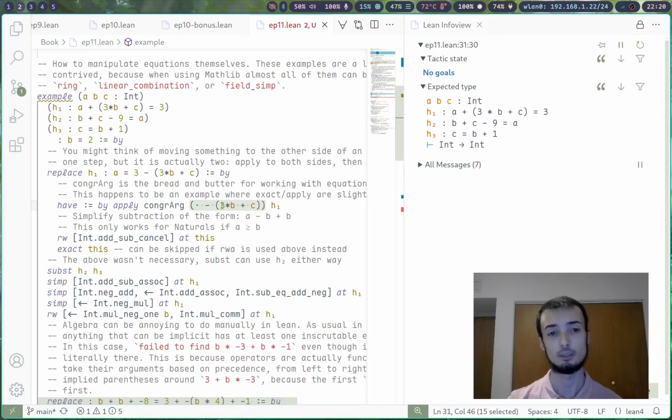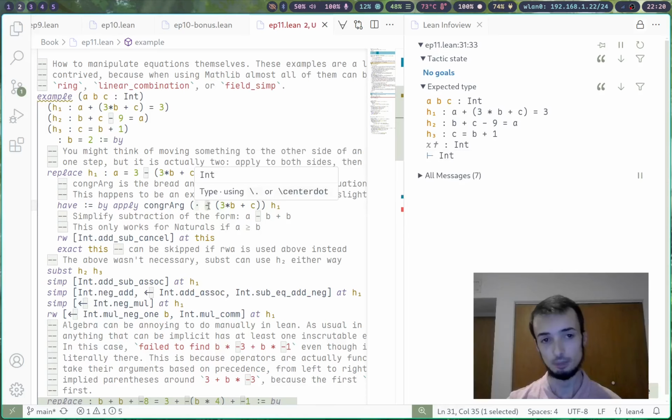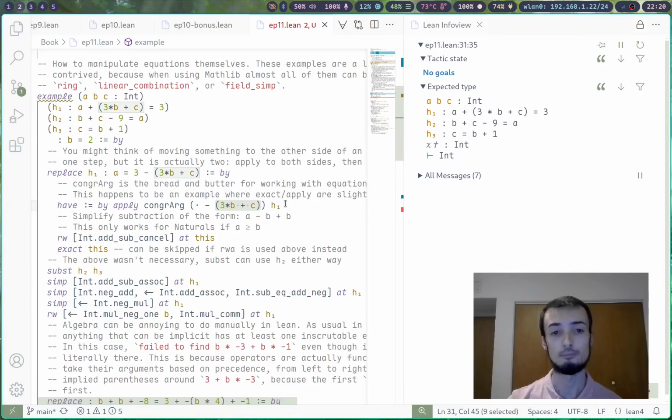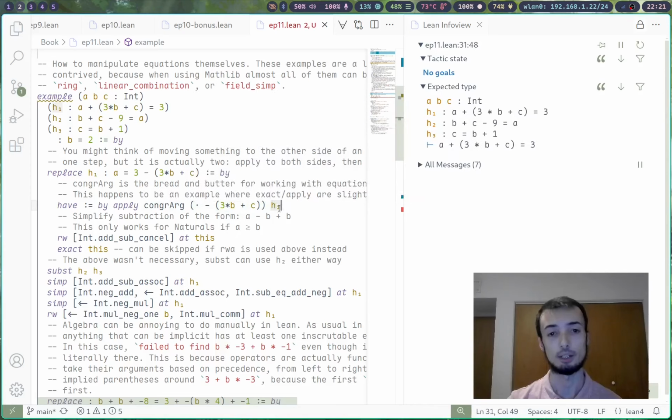This means create a function and put its argument on the left side of the subtraction, which is an operator that takes 2 arguments, but we are making it into a function that takes 1 argument and is specialized to its right-hand side being 3b plus c. We do this on both sides of the equation h1.